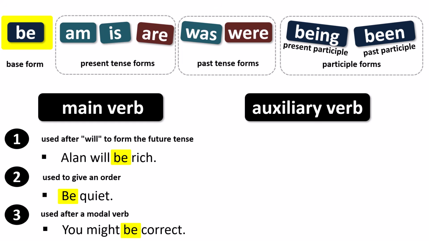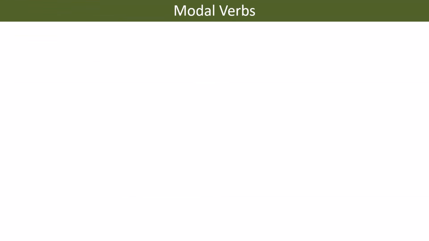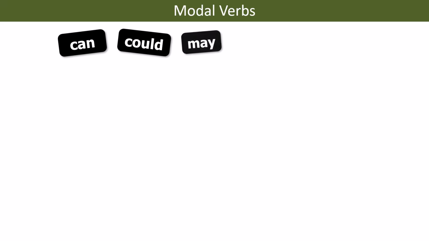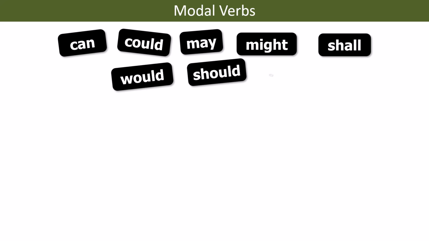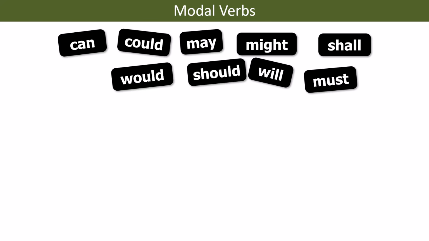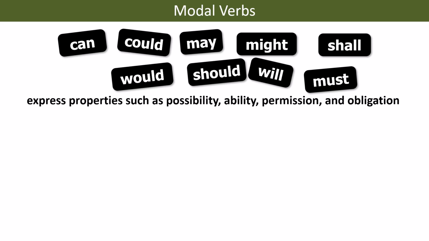Let's quickly look at modal verbs. Here are the most common modal verbs: can, could, may, might, shall, would, should, will, and must. Modal verbs express properties such as possibility, ability, permission, and obligation.